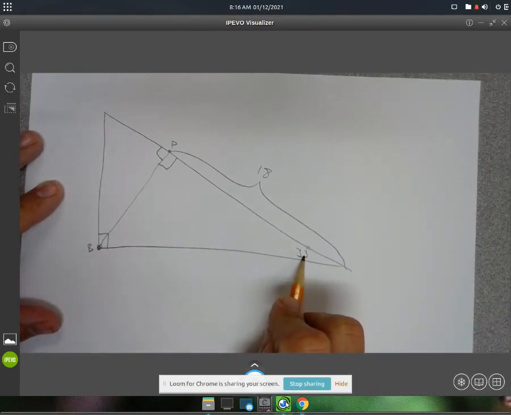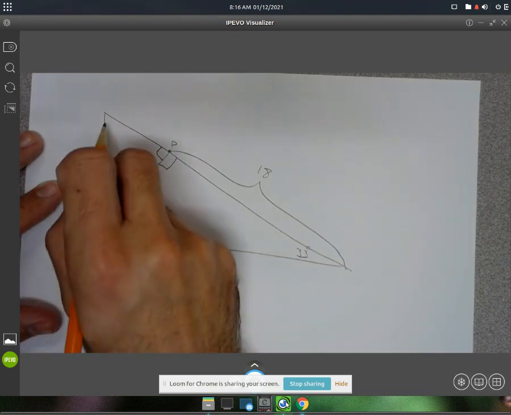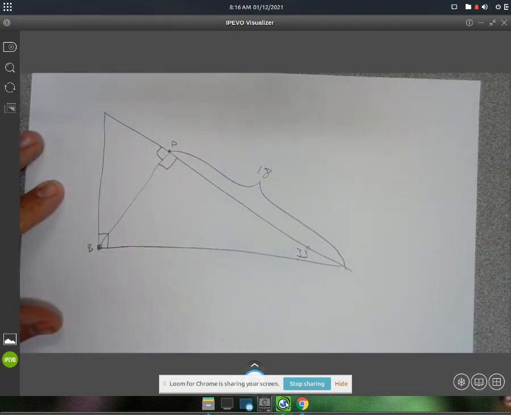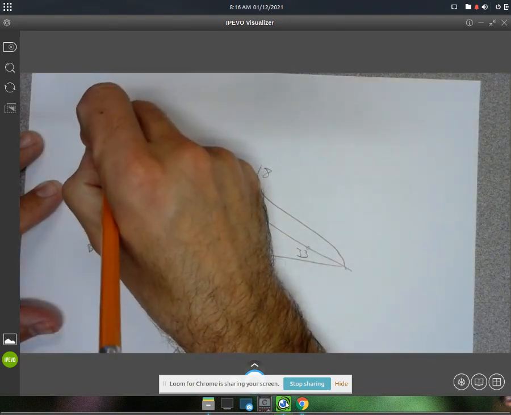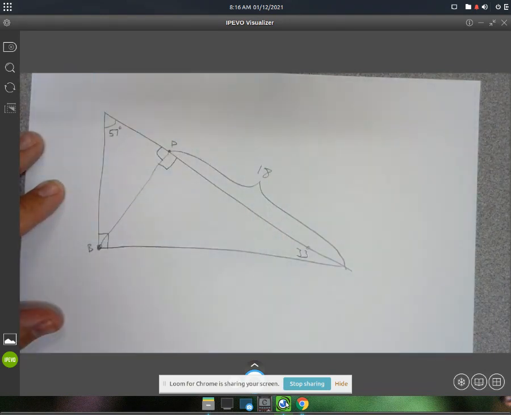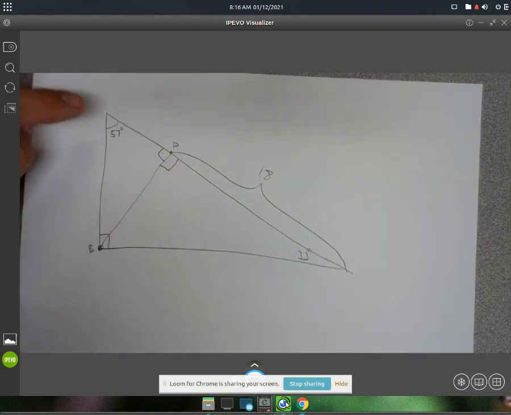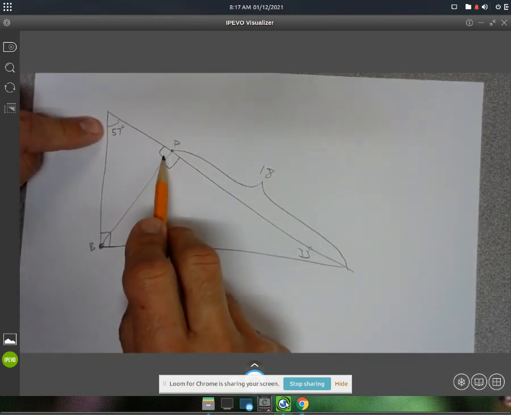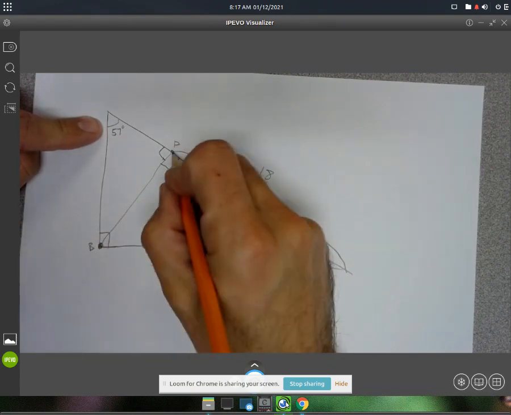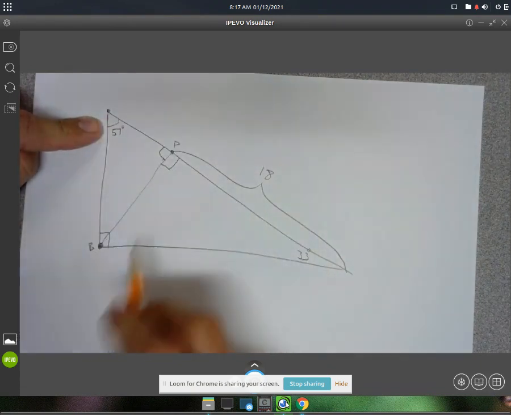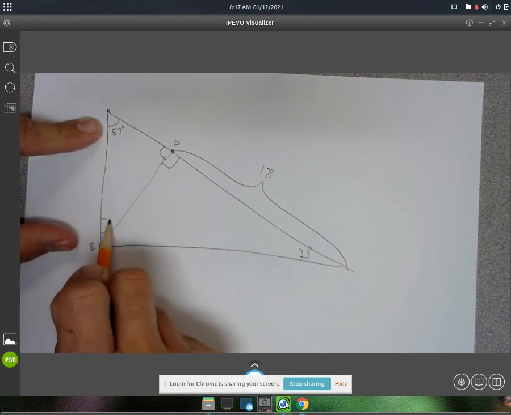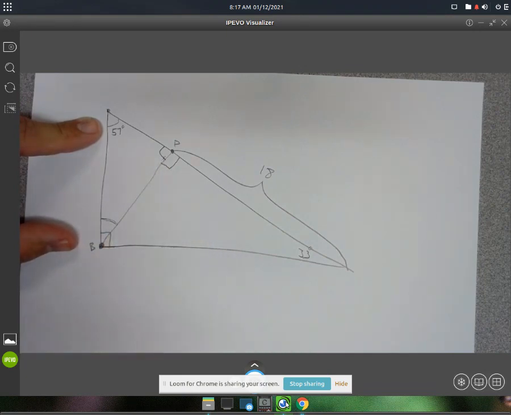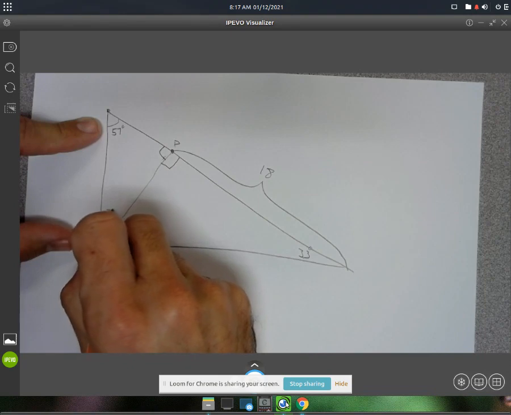This angle is 33, which means we have 33, 90, and whatever this is, that have to add up to 180. That's going to be 57 degrees right here. Now, if this is 57 and that's 90, looking at this smallest triangle here, this little angle has to be 33 degrees.